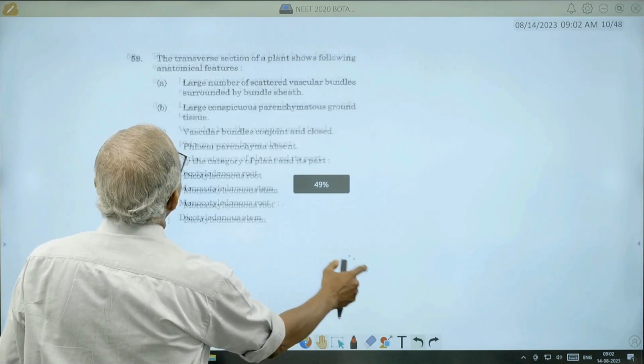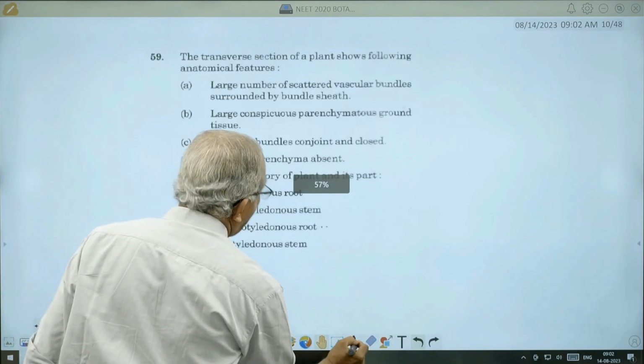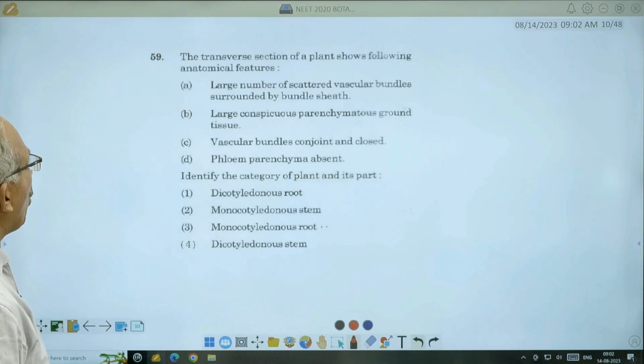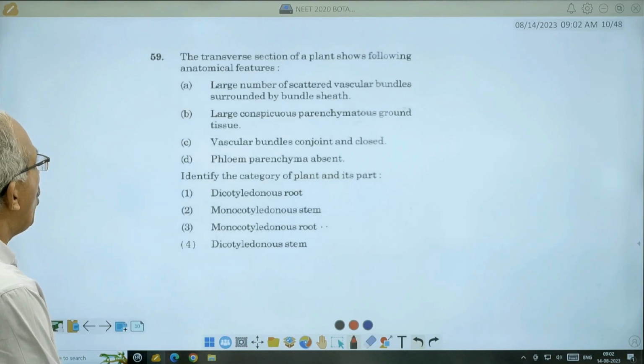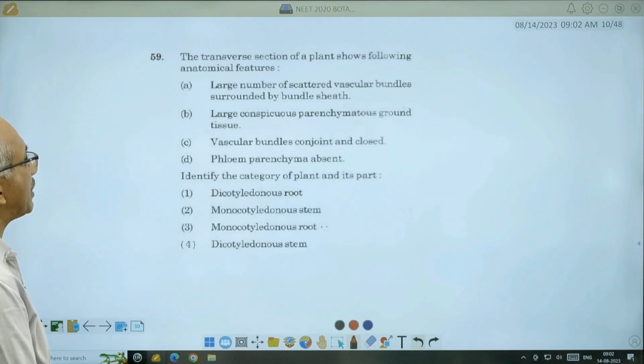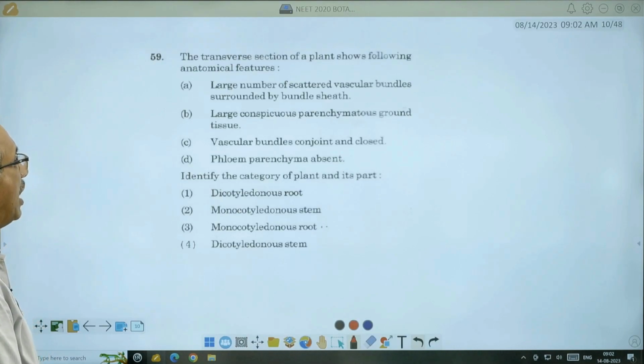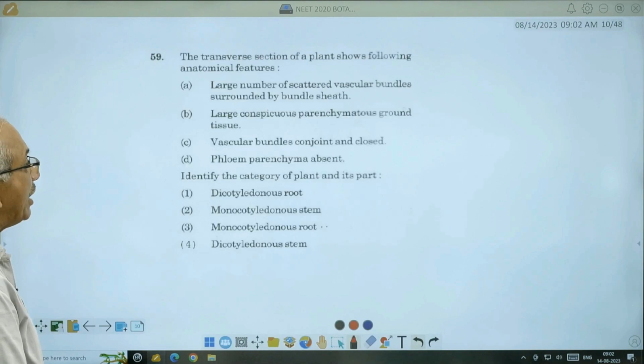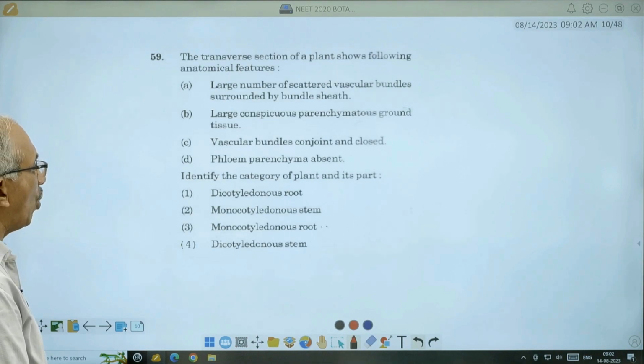The transverse section of a plant shows the following anatomical features. Four anatomical features are given. Large number of scattered vascular bundles surrounded by bundle sheath. Large conspicuous parenchymatous ground tissue. Vascular bundles are conjoined and closed.